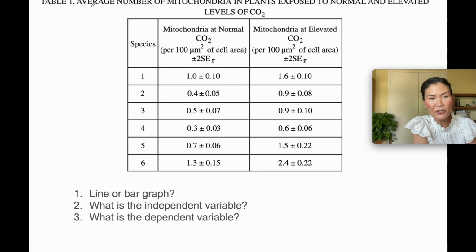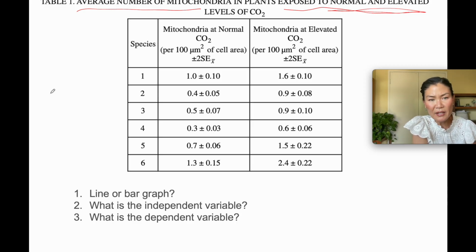So it says average number of mitochondria, average number. So that tells you that that's what we're counting, that is the dependent variable, that's what we're measuring. Exposed, okay, so that's what we're changing, to normal and elevated levels of CO2. That would be our independent variable.